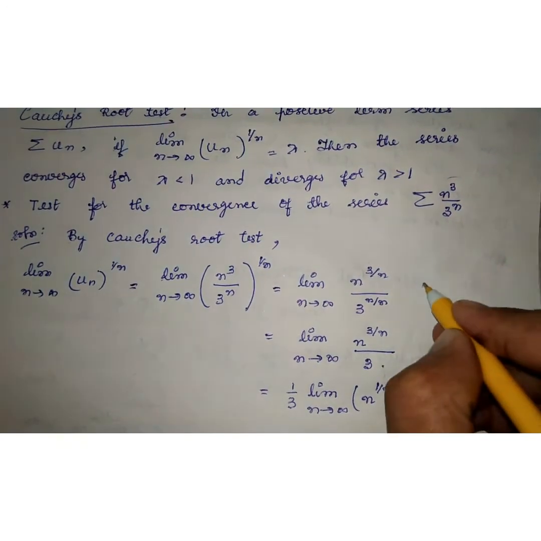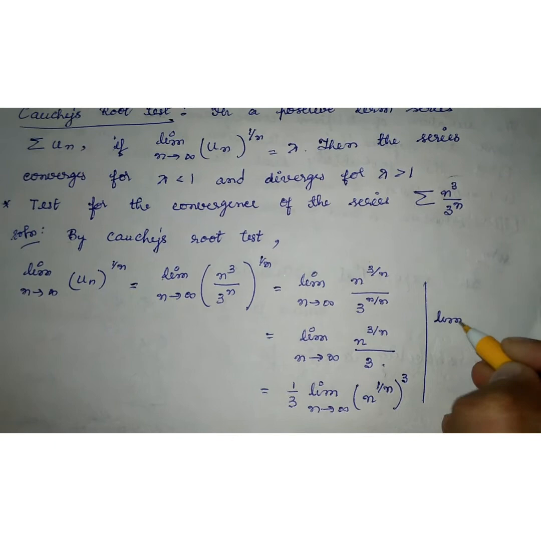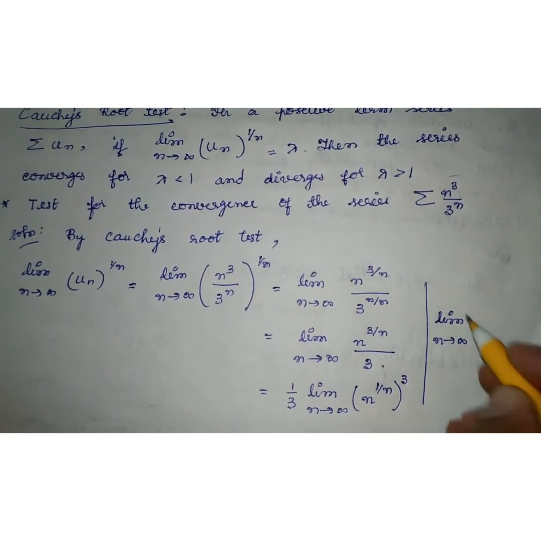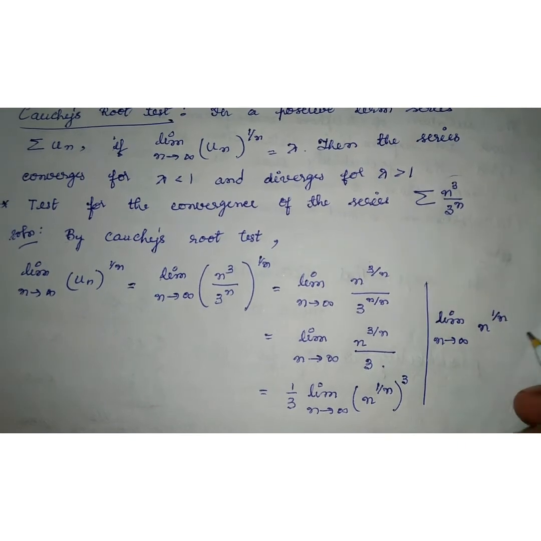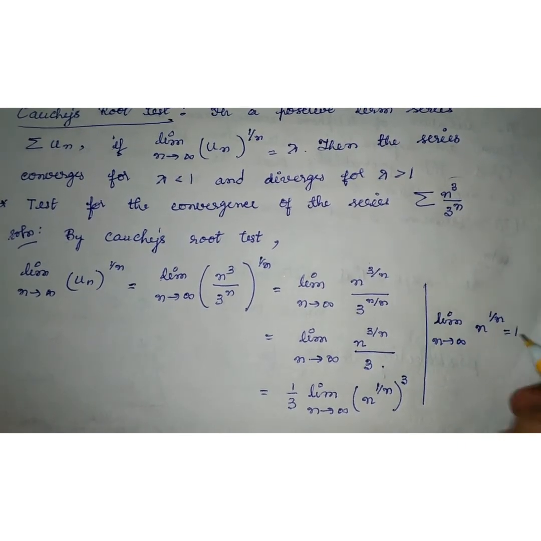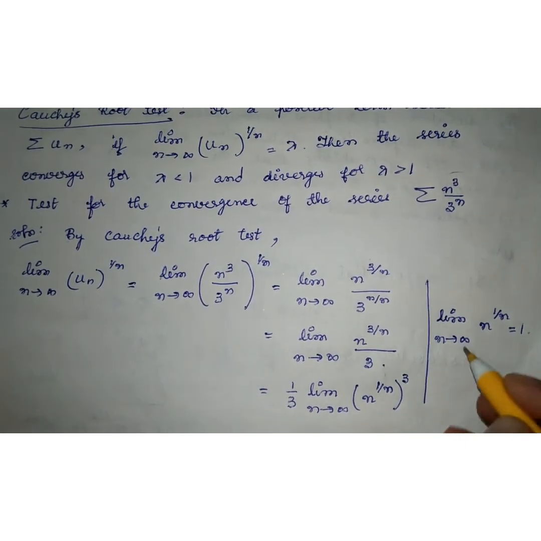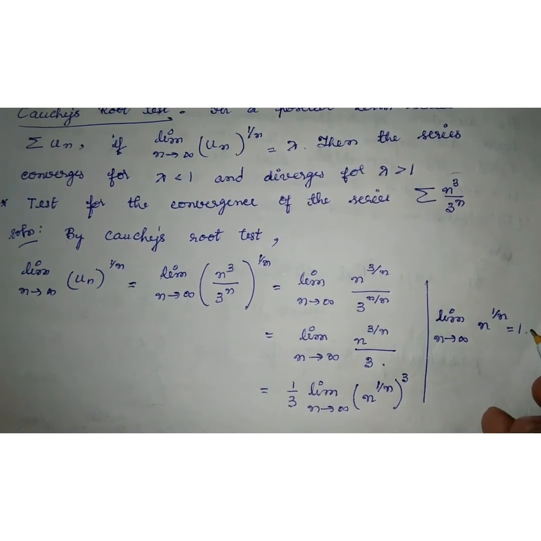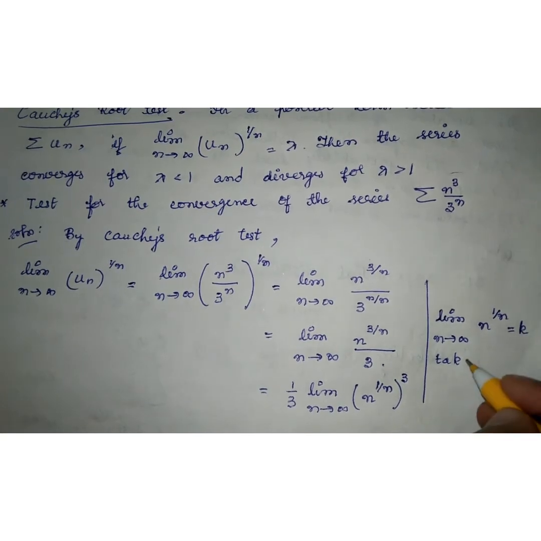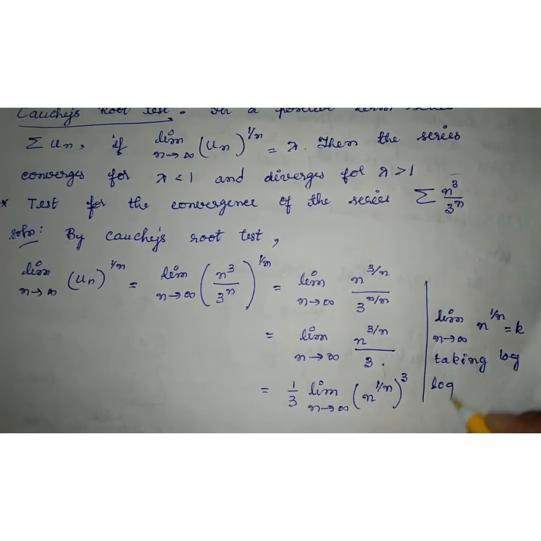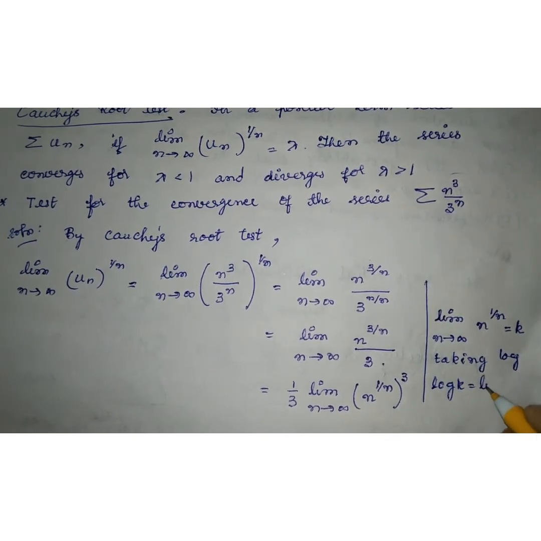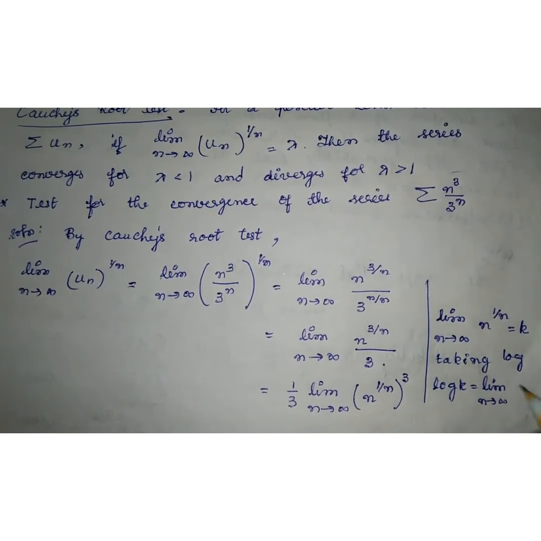Now we know that limit n tends to infinity n to the power 1 by n equals 1. Suppose this is equal to k, so taking log on both sides you get log k equal to limit n tends to infinity 1 by n log n.